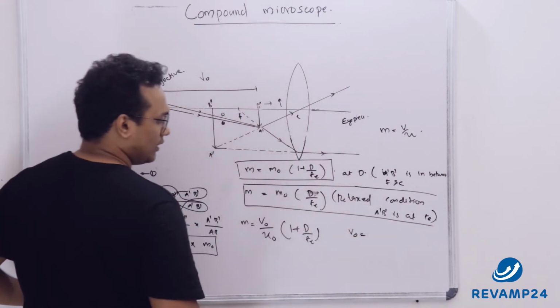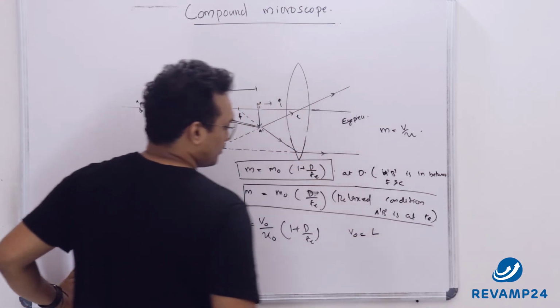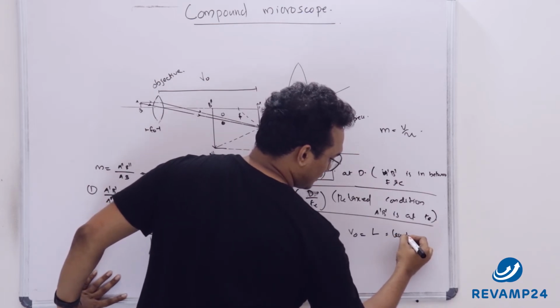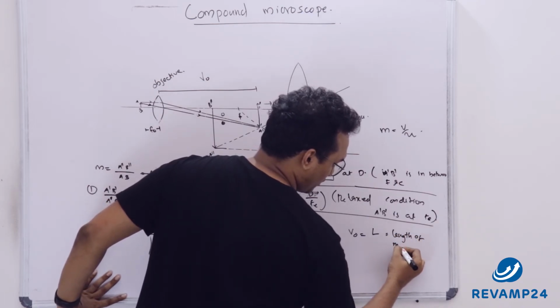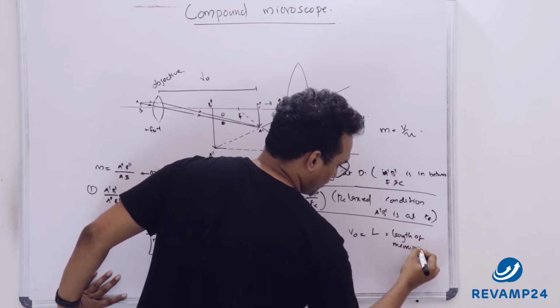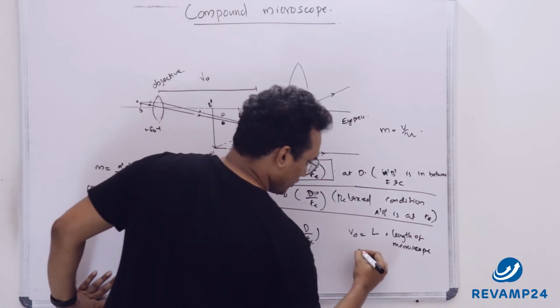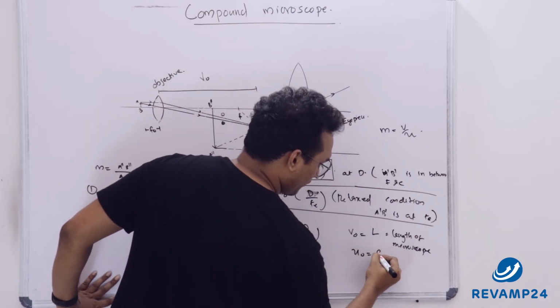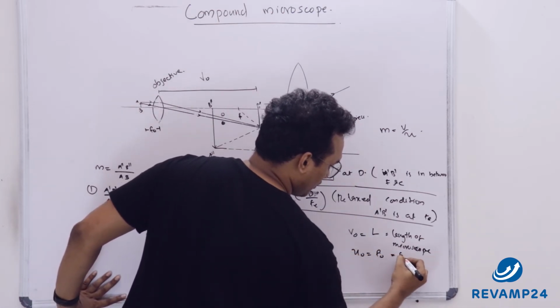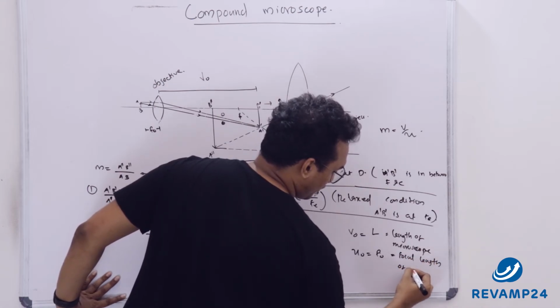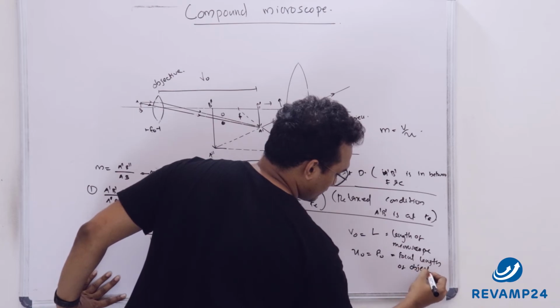VO is equal to L, which is the length of the microscope, and one more approximation, UO is equal to the focal length of the objective, FO.